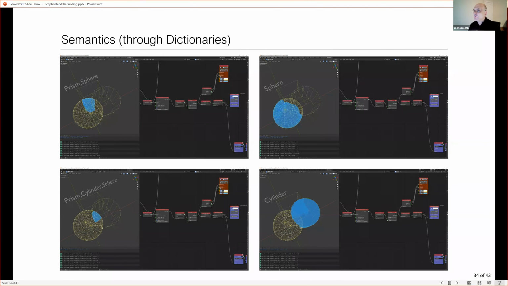Let's take a look, for example, at merging them or intersecting them in some way. The intersection of the three will have a dictionary that says, I am the intersection of a prism, a cylinder, and a sphere. If you're drawing a Venn diagram, the areas of intersection will have those inherited dictionaries combined together. How is that useful for architects? For example, you can have a living room and a kitchen, you bring those two spaces together, and say, merge them and find the intersection between them.